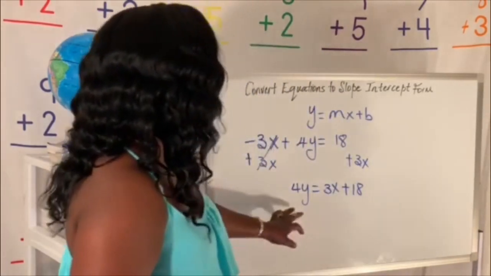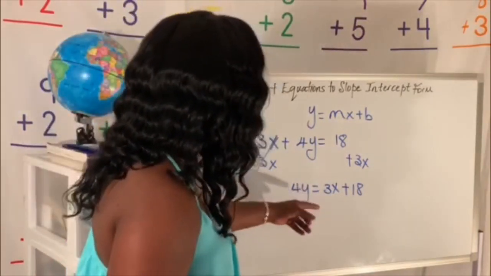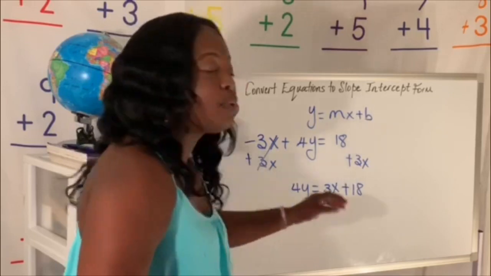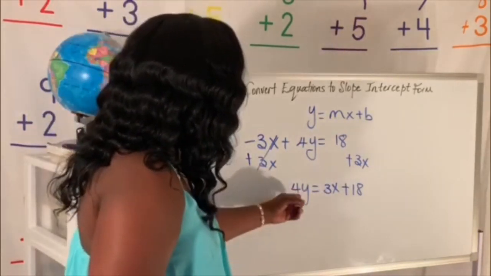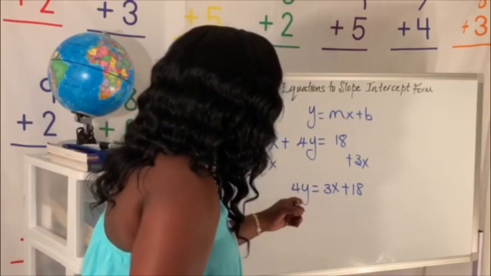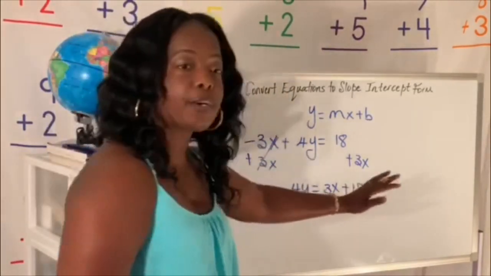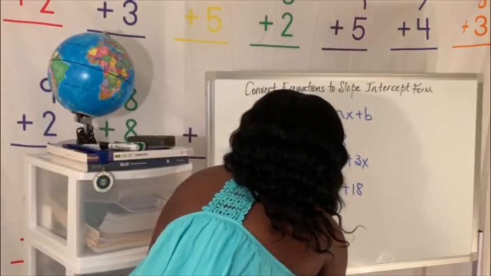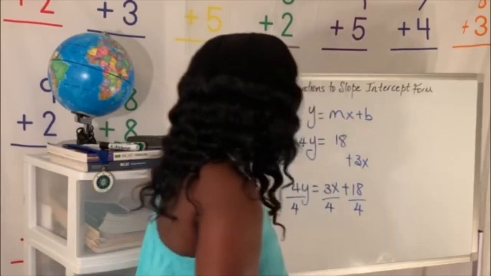So here we have a 4y, and again, we are trying to convert this to the form y equals mx plus b, but since we have a 4y and we just want y by itself, we're going to have to again go ahead and do the opposite operation of multiplication, which is division. So we're going to divide all these terms by 4. So here we're dividing this term by 4, dividing this term by 4, dividing this term by 4 as well.